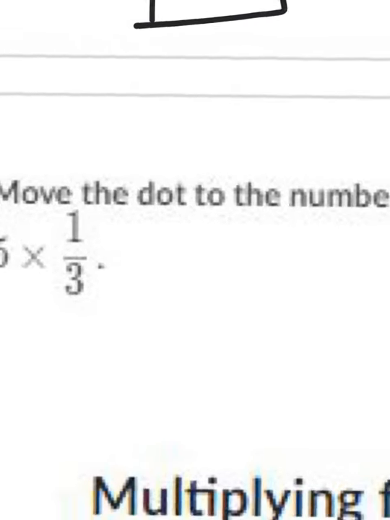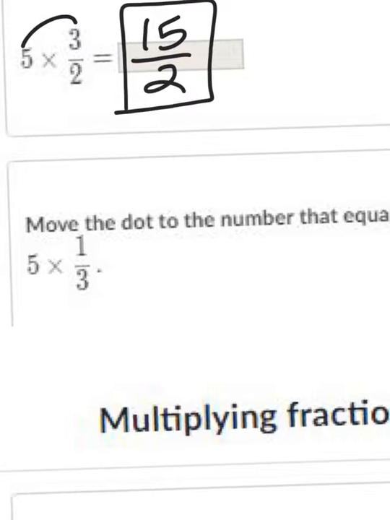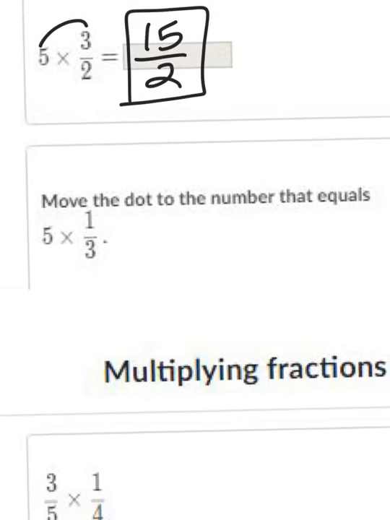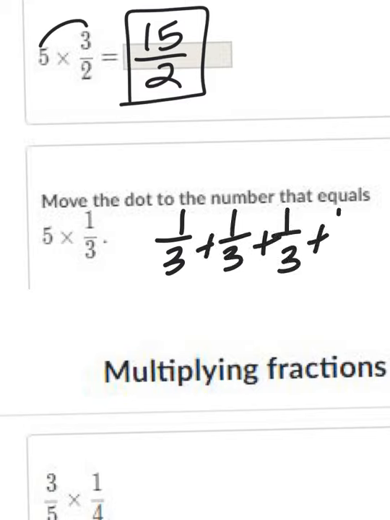Okay. The other kind of problems that you're going to have in this skill is you're going to have to choose numbers that equal 5 times 1/3. So you may have different options. So sometimes 5 times 1/3, remember that multiplication is another way of doing adding, just quicker, right? So 5 times 1/3 could be 1/3 plus 1/3 5 times, right?